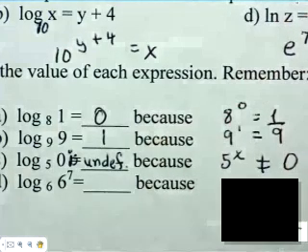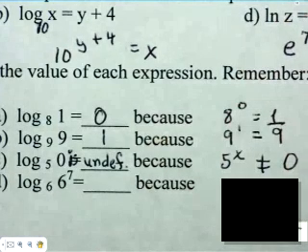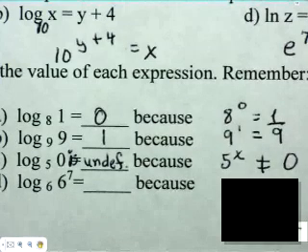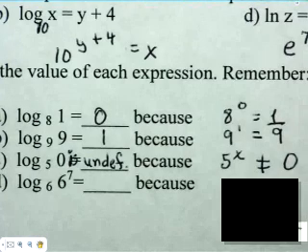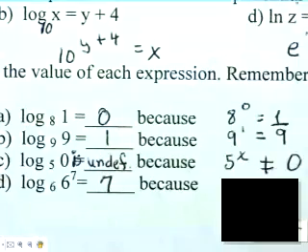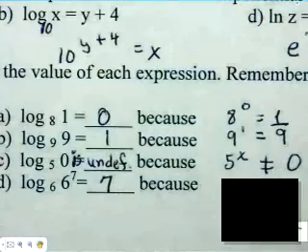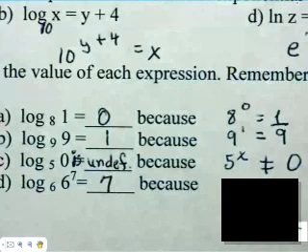D part, you have to squint hard on that one. Log base 6 of 6 to the 7th. What is the exponent of 6 that would give me 6 to the 7th? If I say, what's the exponent of 8 that will give me 8 to the 10th?